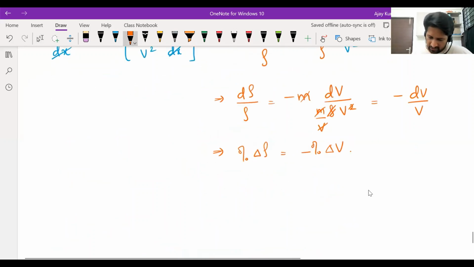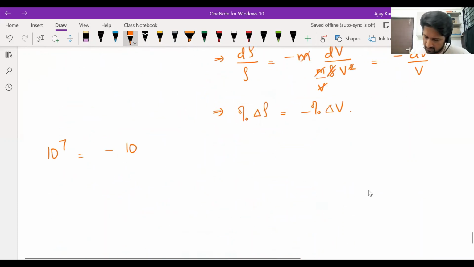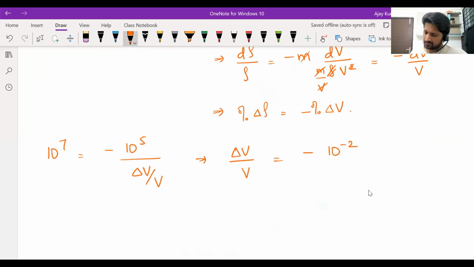Bulk modulus is given as 10 power 7, equal to minus the change in pressure. The pressure is increased by 10 power 5, so minus delta P divided by delta V by V. That makes delta V by V equal to negative of 10 power -2. So percentage change in volume becomes -1%. It makes sense.